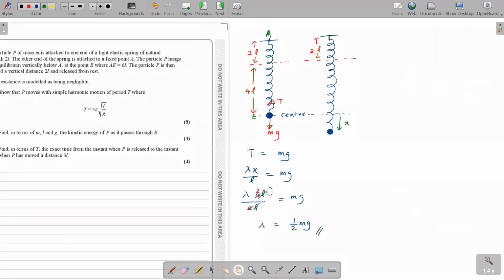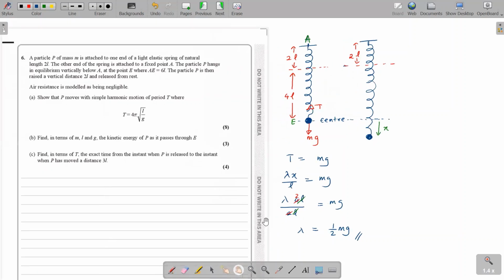Let's mark all the forces here and first apply F equals ma, and get the omega value. Afterwards we will find the periodic time.